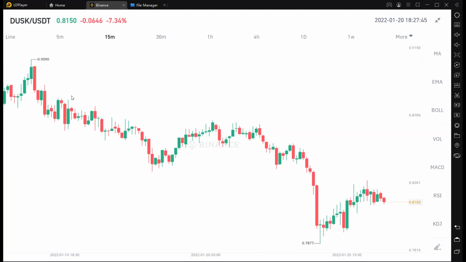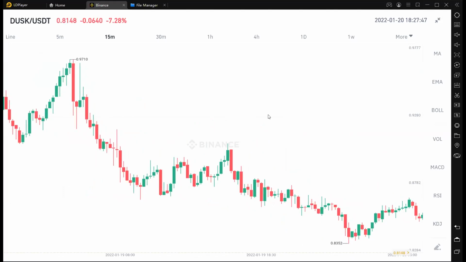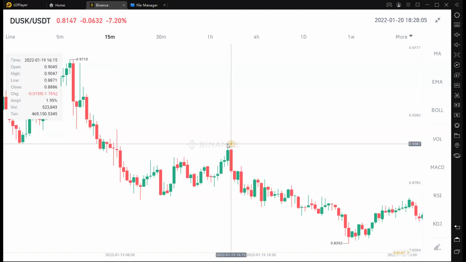For a green candle, let me take this green candle, for example. This is a candle showing the details of what happened to this coin within that 15 minutes. The top of this green candle is showing the highest price the coin reaches at this time.